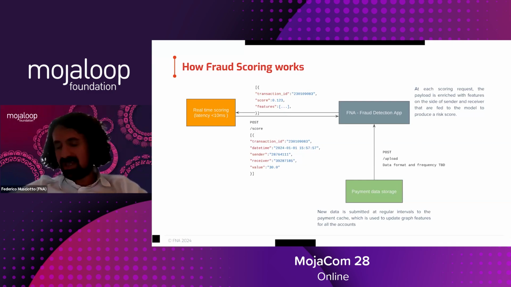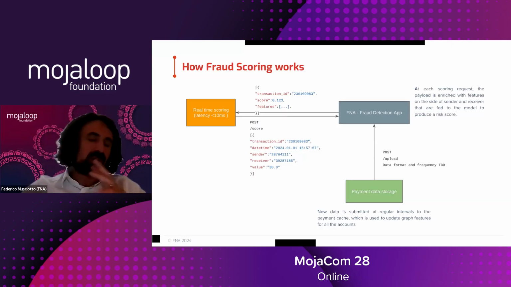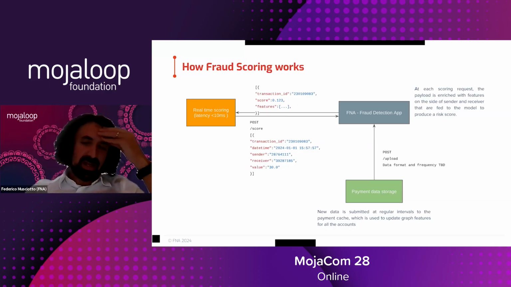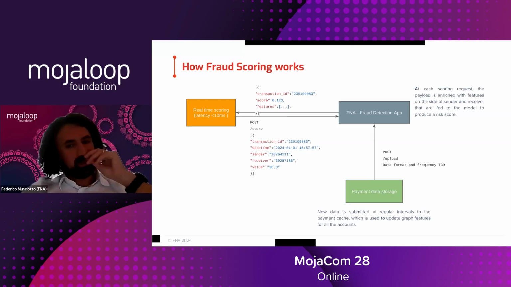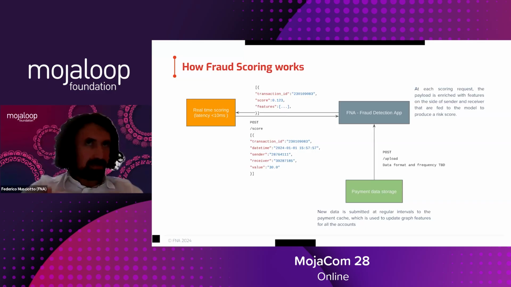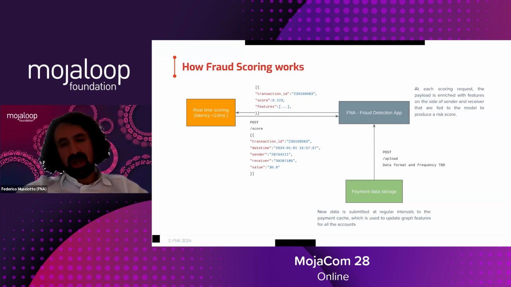So what should be in this data for us to have a minimum model and to operate with the minimum requirements, but also the data format. Do we need a collection of JSON? We are quite flexible because you need to be flexible when you work with different institutions across different jurisdictions. So it can be a series of options, from Parquet file to CSV to JSON and so on.